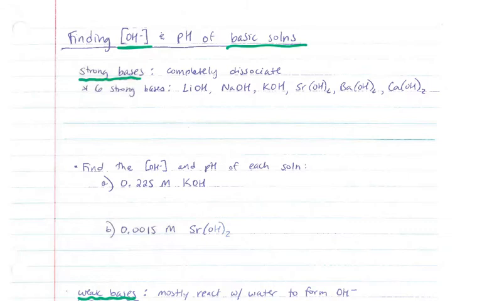For the ones like lithium hydroxide, sodium hydroxide, and potassium hydroxide, they have one hydroxide, so they dissociate into one hydroxide. This is where bases differ from acids a little bit.